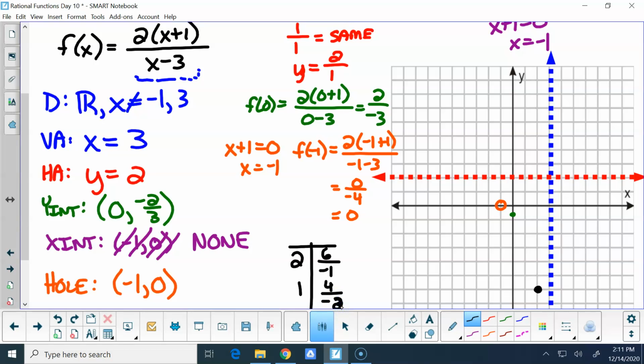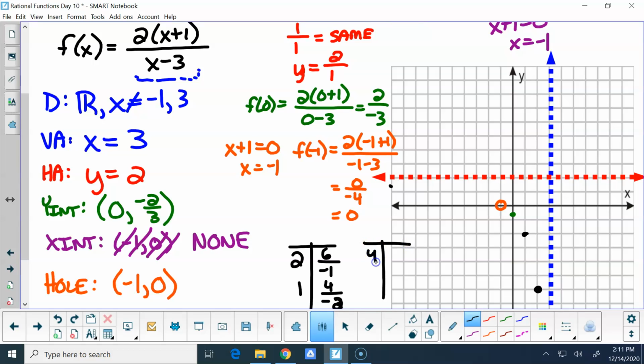So that's going to be negative 2. Negative 10 would be negative 9, negative 18 on top. So it's going to be a little bit more than 1. Not quite 2. Then we got to go to the other side.